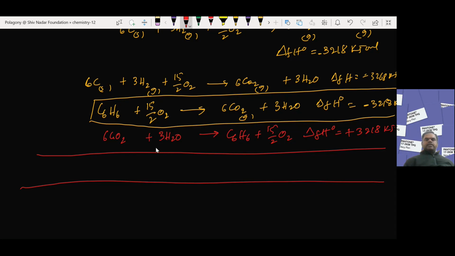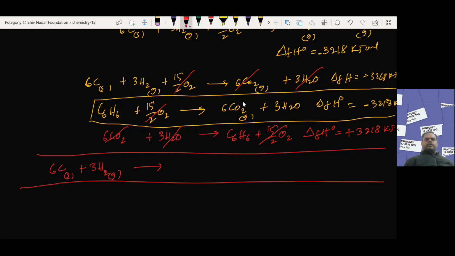Now the desired net equation is: 6C solid graphite plus 3H2 hydrogen gas combine. The 15/2 O2 is cancelled, 6CO2 is cancelled, and 3H2O is cancelled.